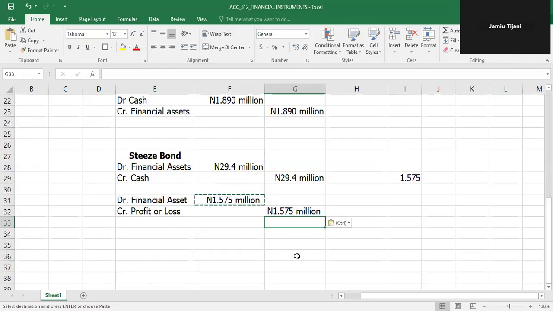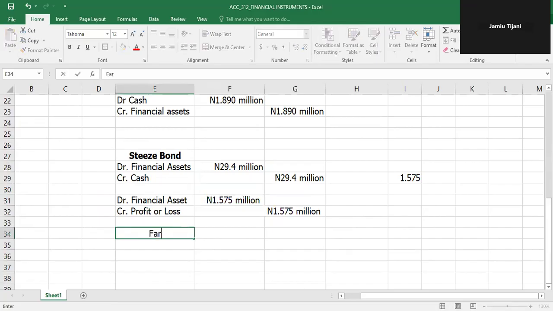And because we're told in the question that the bond had a fair value at the end of the period of 28.875, what we are now going to do, class, is to compare that fair value with the purchase price.